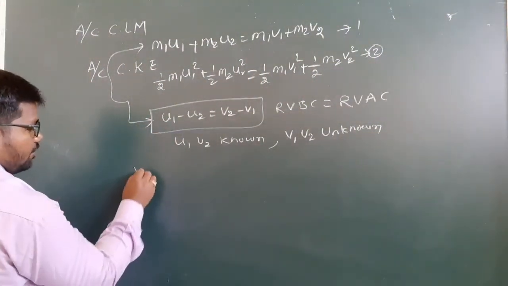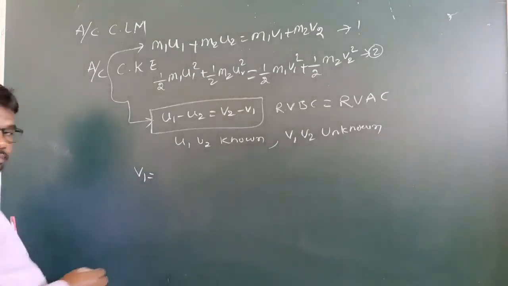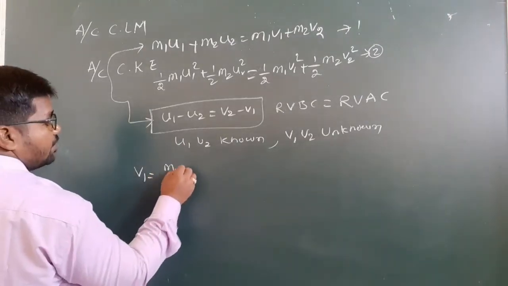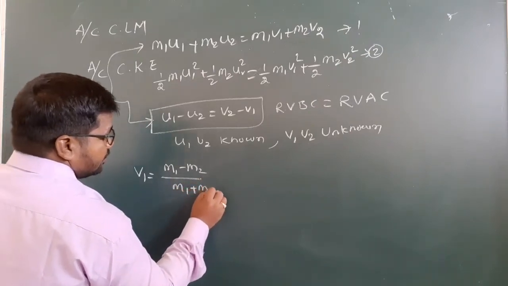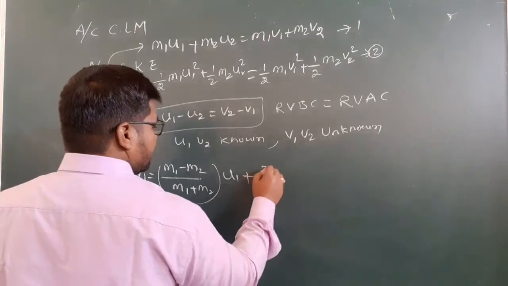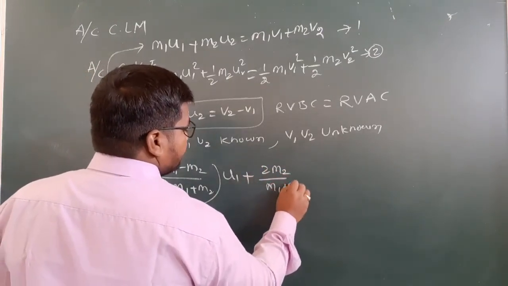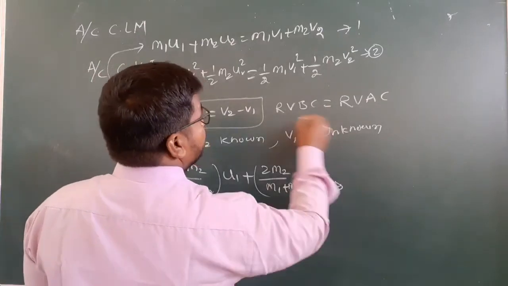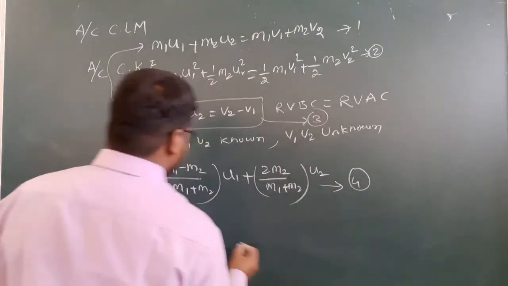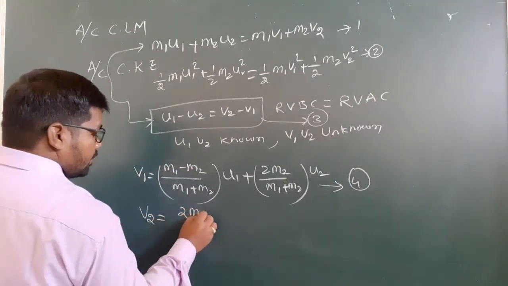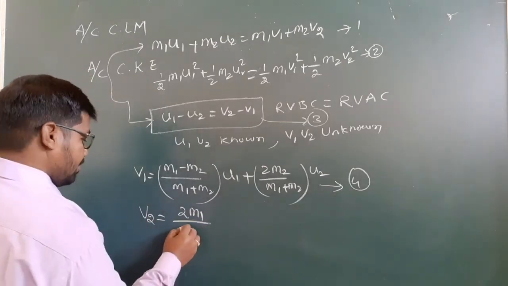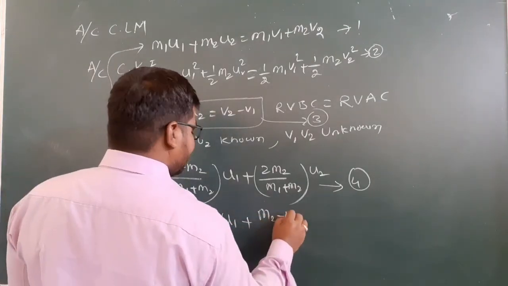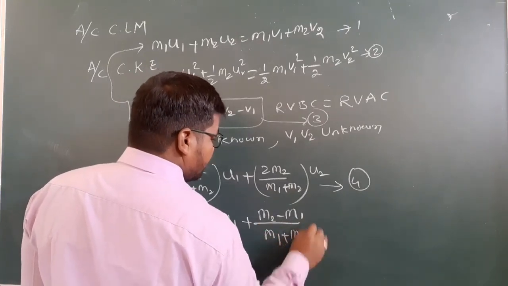Rearranging, from the derivation, v1 is equal to (m1 minus m2) divided by (m1 plus m2) into u1 plus 2m2 by (m1 plus m2) u2. This is equation 4. v2 is equal to 2m1 divided by (m1 plus m2) u1 plus (m2 minus m1) divided by (m1 plus m2) u2.